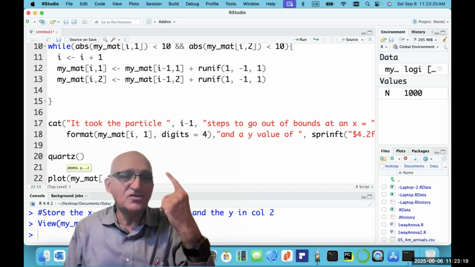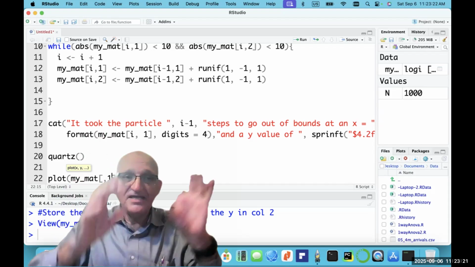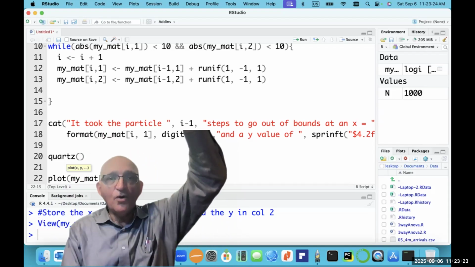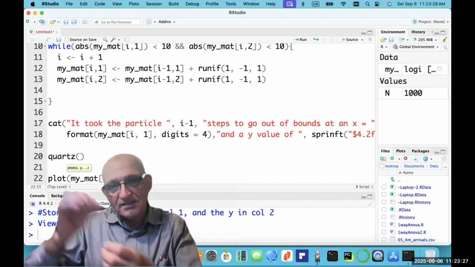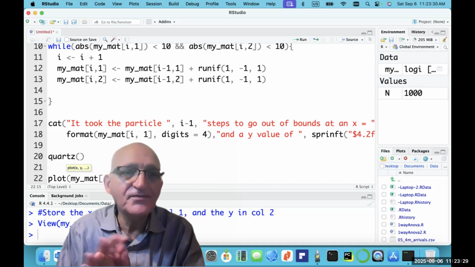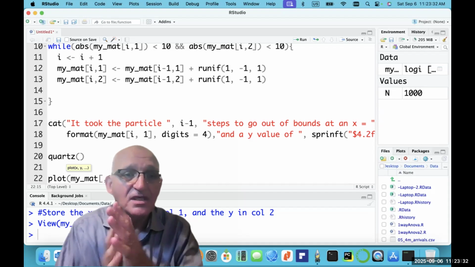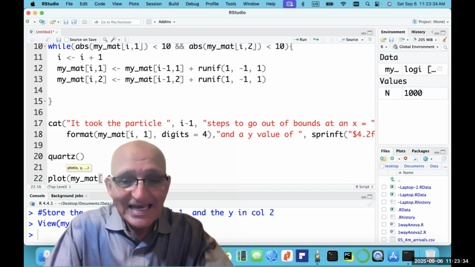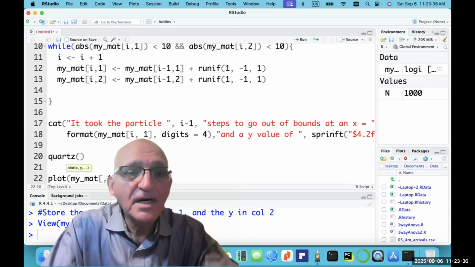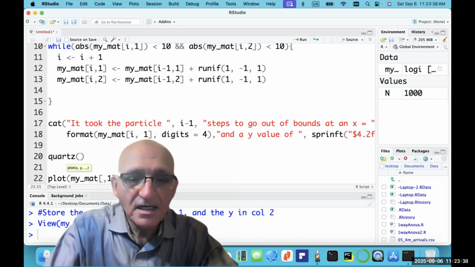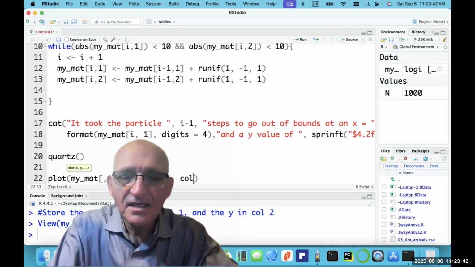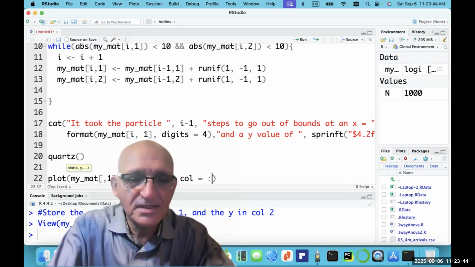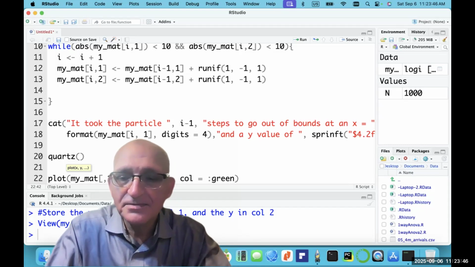I meaning it's just 1 point. But if I leave it blank, it's taking all the 100 or 200 steps that it took until the particle went outside the bounds. That's my X, and my Y would be my mat of everything in 2. Okay. After that, we can say color equals whatever, green, for example. Oops.